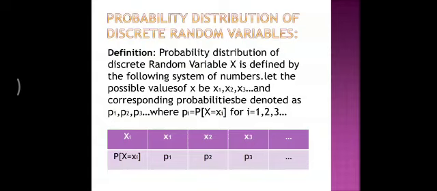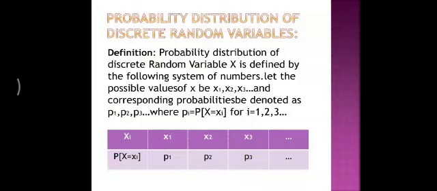Let the possible values of x be x1, x2, x3 and the corresponding probabilities be denoted as p1, p2, p3 and so on, where pi is equal to probability of capital X equal to small xi for i equal to 1, 2, 3.